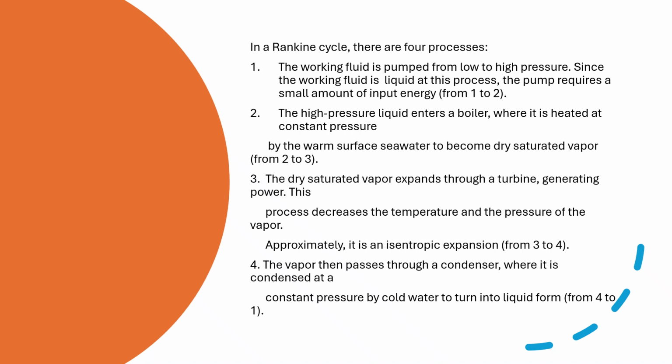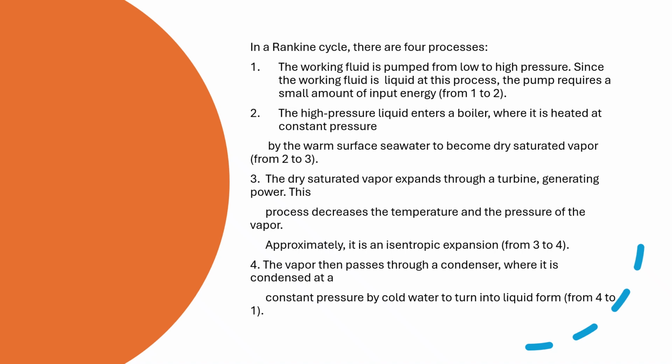First, from 1 to 2, the working liquid is pumped from low to high pressure. Since the working fluid is liquid in this process, the pump requires a small amount of input energy. The second process is that the high pressure liquid enters a boiler where it is heated at constant pressure by the warm surface seawater to become dry saturated vapor.